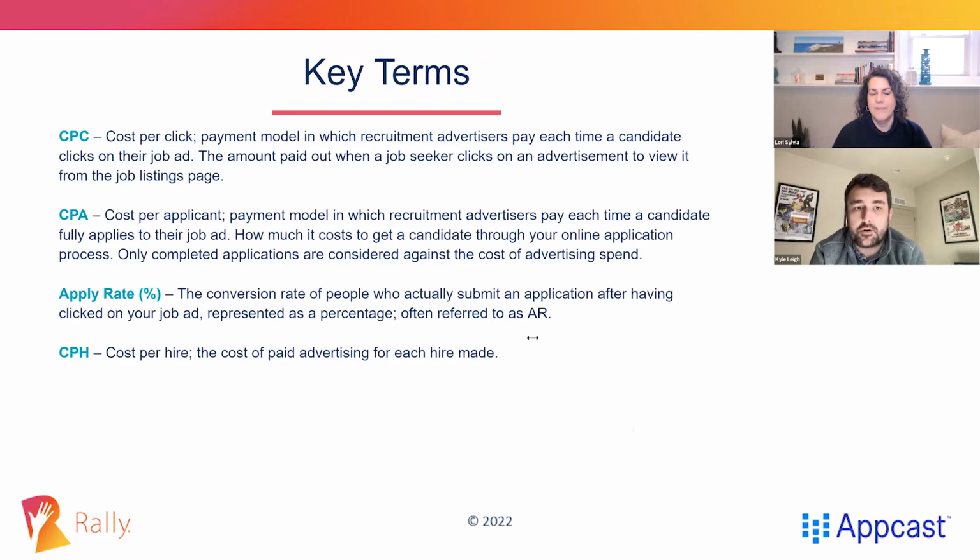We're going to be looking at this pretty heavily in terms of areas where we can help improve some of your performance. But all these things come down to CPH, what your cost per hire is. Just like CPC and CPA, where we're measuring against spend, this is advertising spend, how much it takes in advertising dollars to receive a single hire.